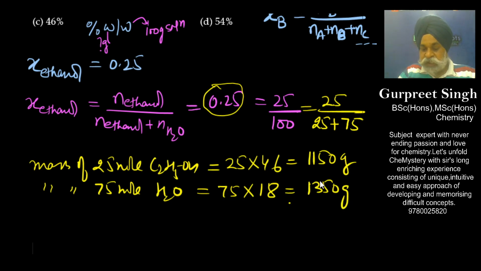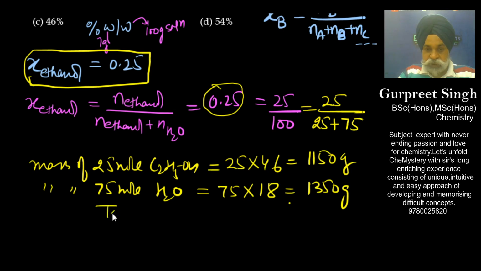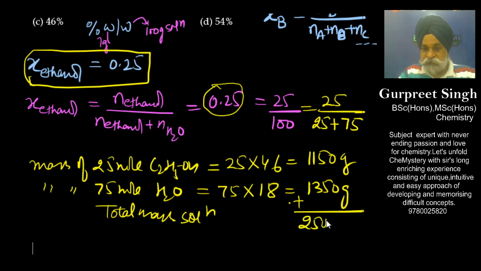So this is the quantity which we get to know out of this simple statement. So the total mass of solution then would become, if I add them together, 2500 grams.